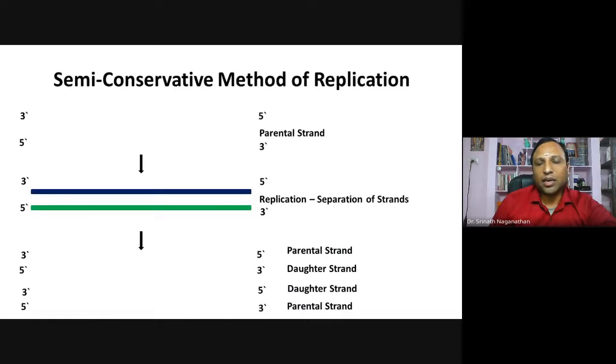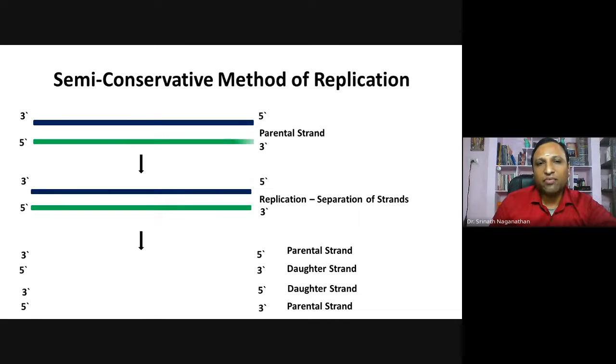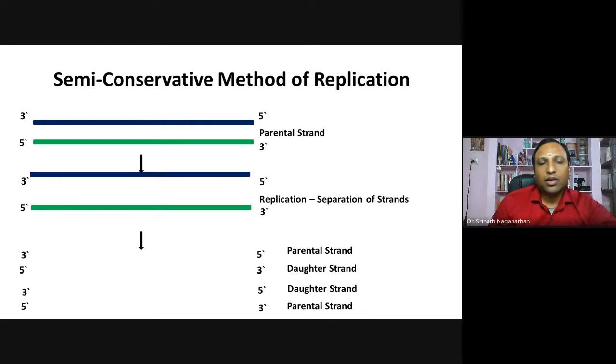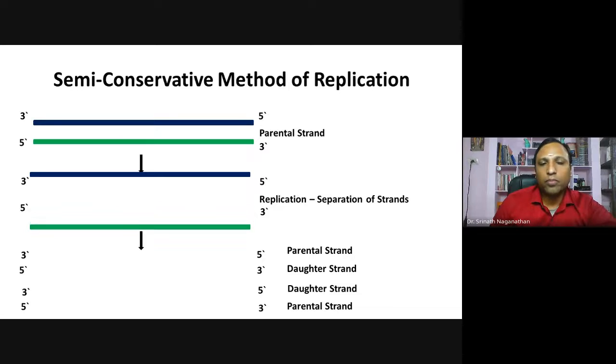If we see the semi-conservative method of replication, we know that the DNA has two strands, which are 3' to 5' and 5' to 3'. They are the parental strands. During the process of replication, these strands separate and form a loop, or a bubble.